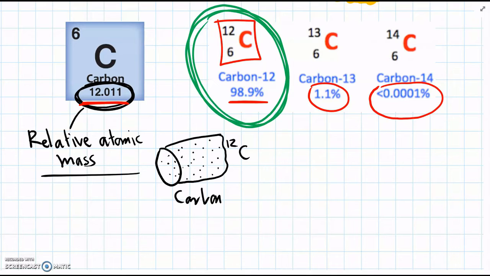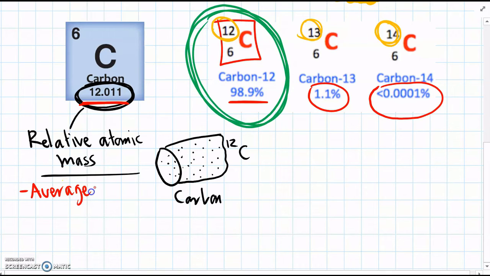To calculate that number, we take the mass numbers of all the different isotopes. So we've got mass 12, mass 13, and mass 14, and they take an average of that.